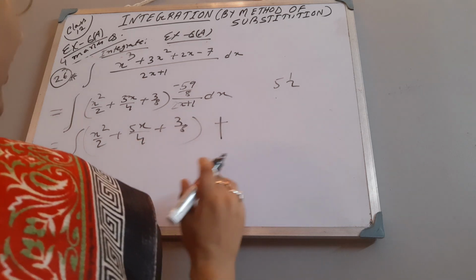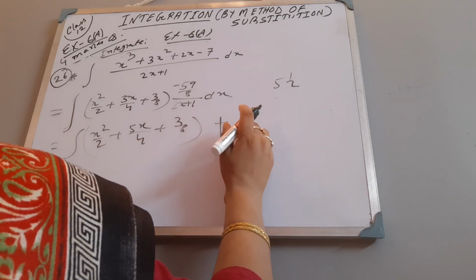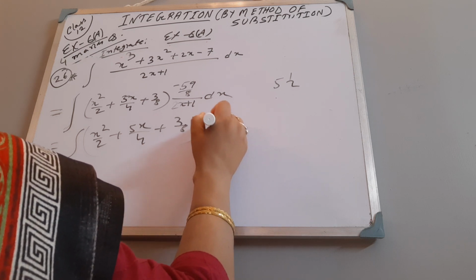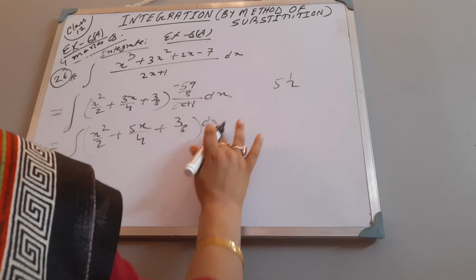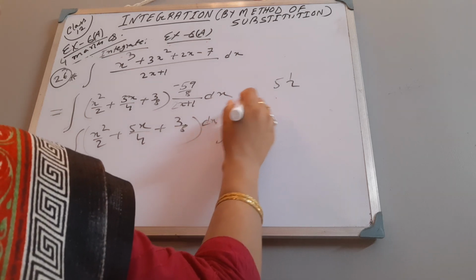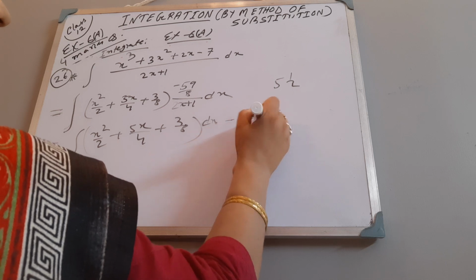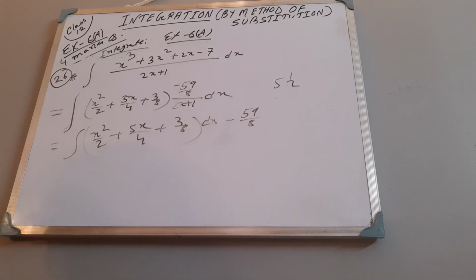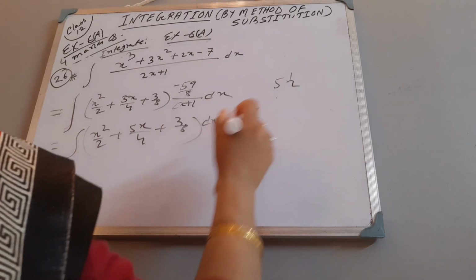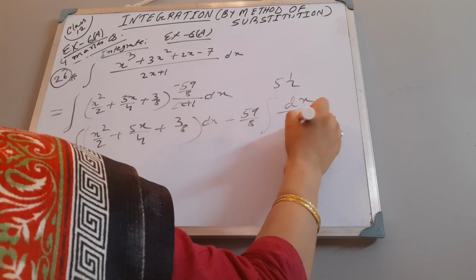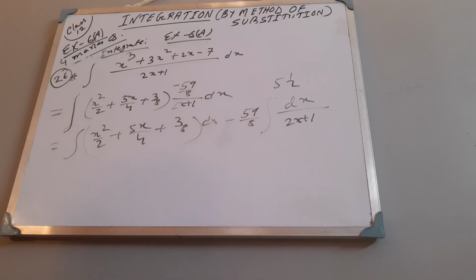Minus 59 by 8, take it outside the bracket, 59 by 8 dx by 2x plus 1.